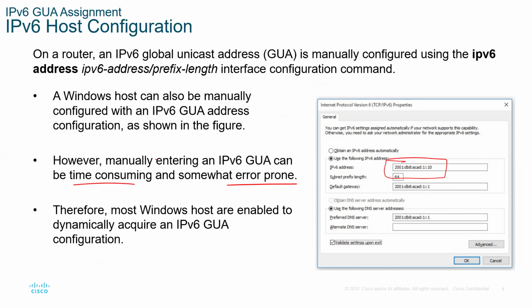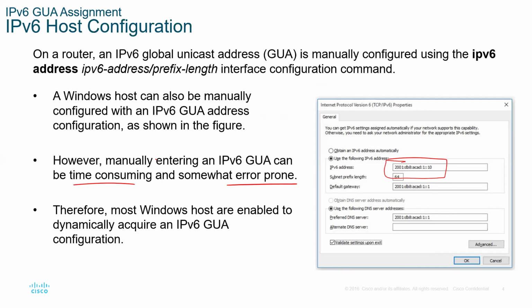With stateless, the DHCP server does not assign addresses. It just provides additional information. It does not track. With stateful, it provides everything, the addresses plus the additional information, and it tracks every address that has been assigned. So you need to know those three methods and what they mean.